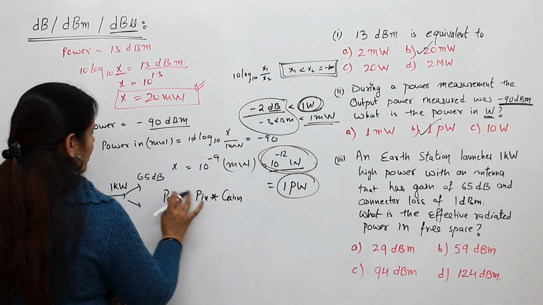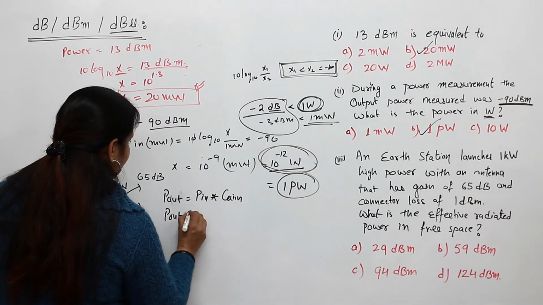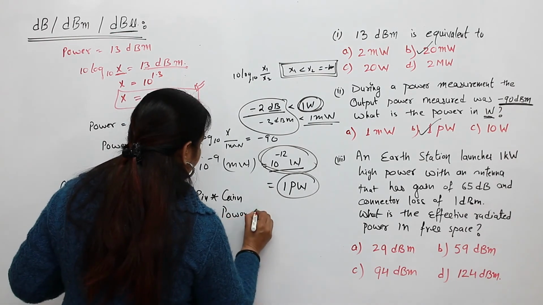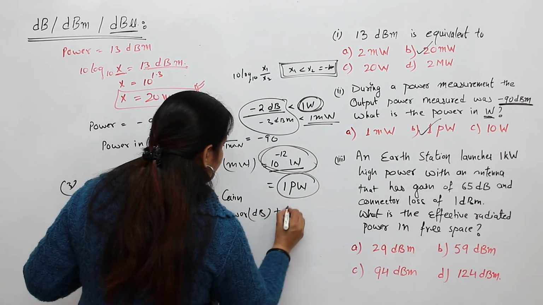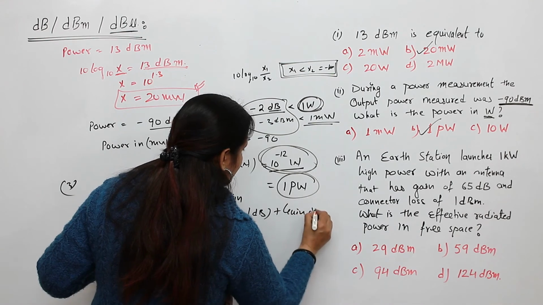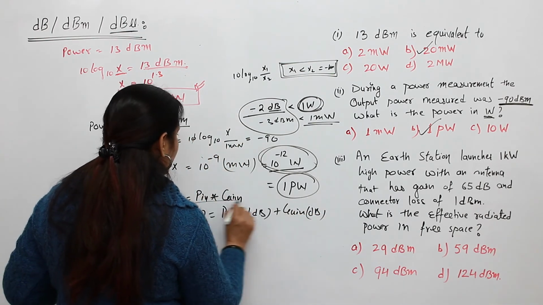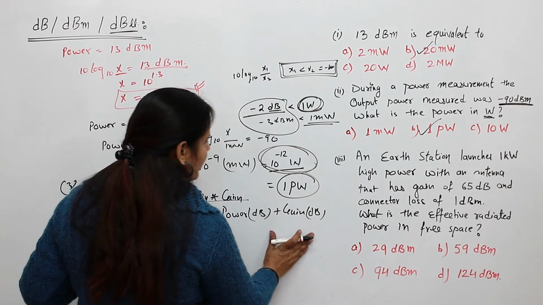So P output in dB will be power input in dB plus gain in dB. When there is multiplication in numerical value, there will be addition in logarithmic value.